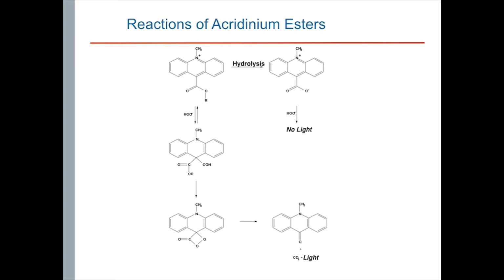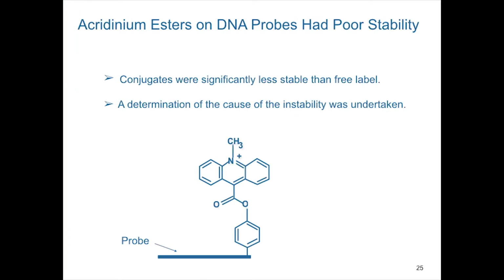So we undertook to put acridinium esters on probes, and this now brings up this aspect of getting an unexpected result, because Woodhead and Weeks for many years had been labeling proteins with acridinium esters and making separation reactions and getting chemiluminescent outputs.